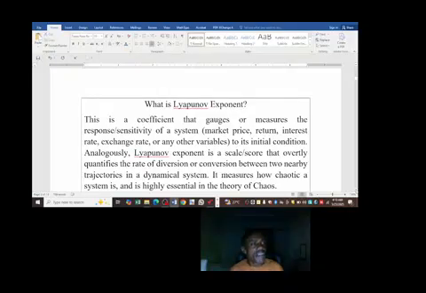It is very crucial to chaotic systems. It is used to measure how chaotic a system is, how chaotic an economy is, how chaotic financial markets are.